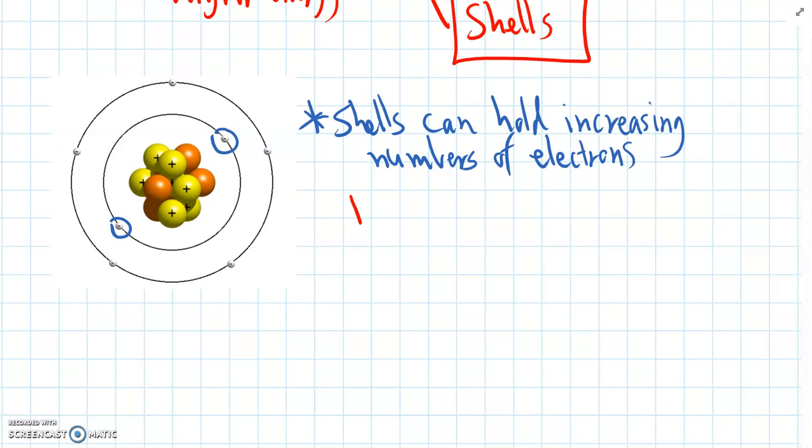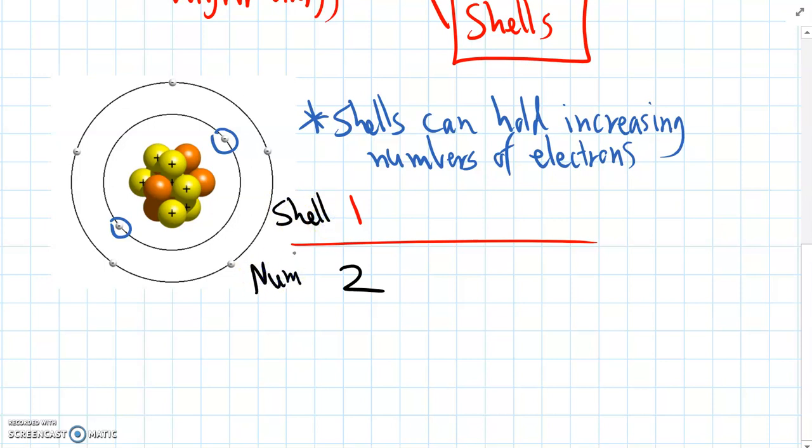The first shell can hold 2 electrons. The E with a little minus, that's just the symbol for electrons. The second shell can hold 8.